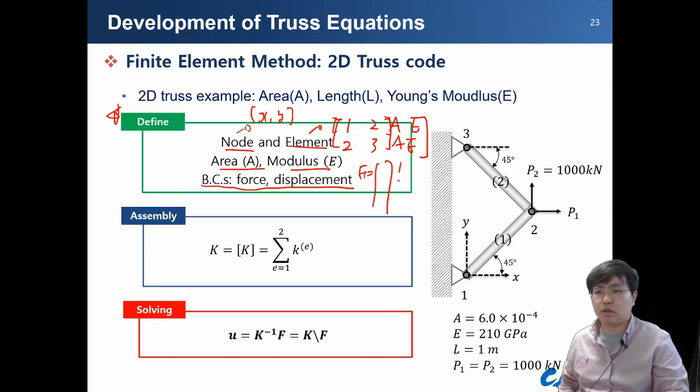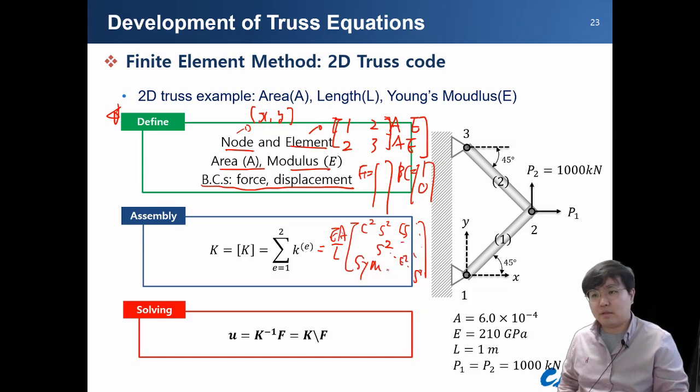If you have a boundary condition, it is 1 or 0. And then you should define the local stiffness matrix, AE over L, with cosine squared, sine squared, cosine sine, and so on. It is symmetric. And the assembly method is very simple.